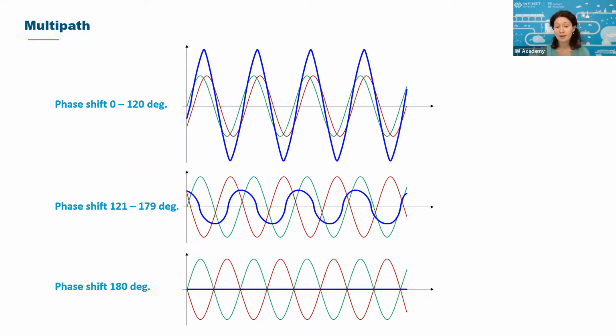And in the second case, the shift is between 121 and 179 degrees, so the amplitude of the resulting signal is below the received copies. While in the third case, the received copies are in antiphase, so the resulting signal is 0. This is the most unuseful situation.